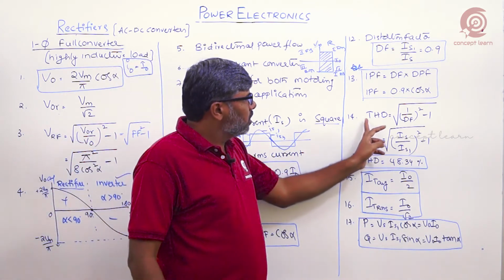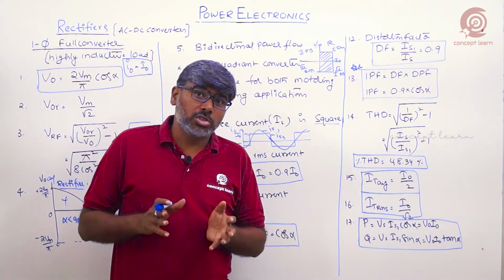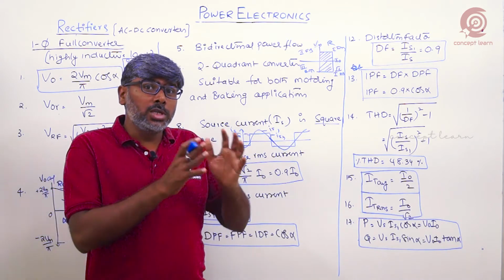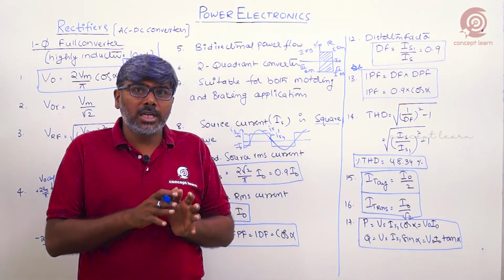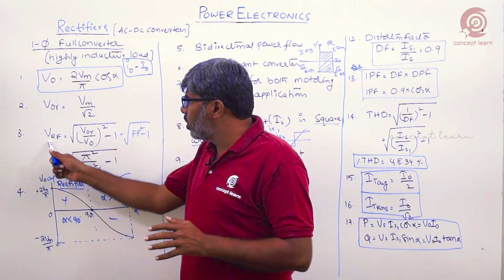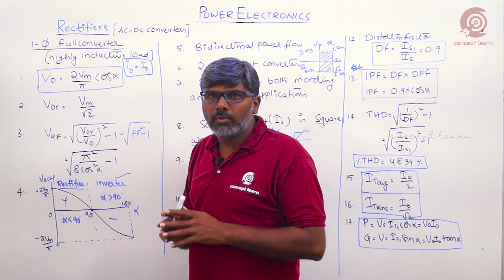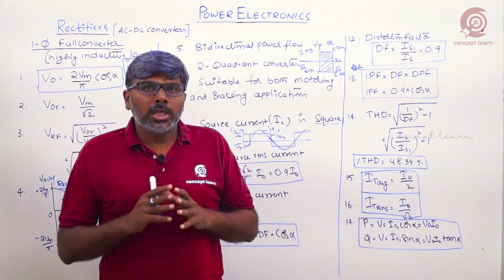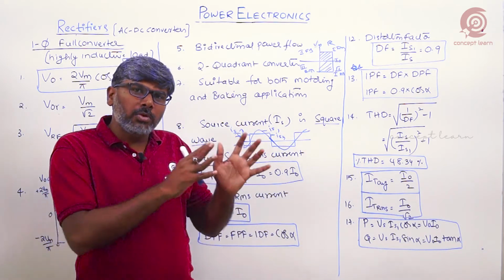Now coming to the THD. What is the THD? Total harmonic distortion. In the DC case, on the load side, we calculate the ripple factor, right? This is the output voltage waveform ripple factor. The quality of a DC signal can be calculated by finding its ripple factor.